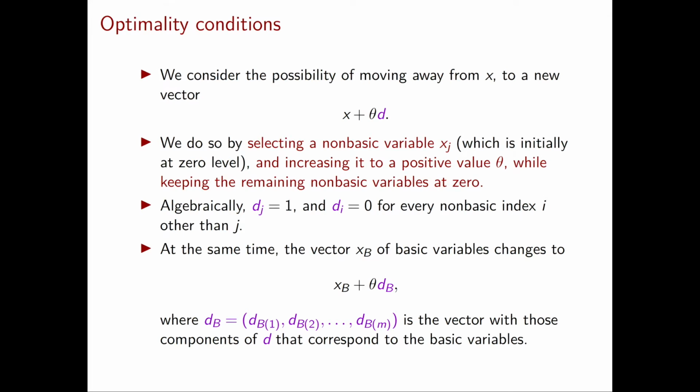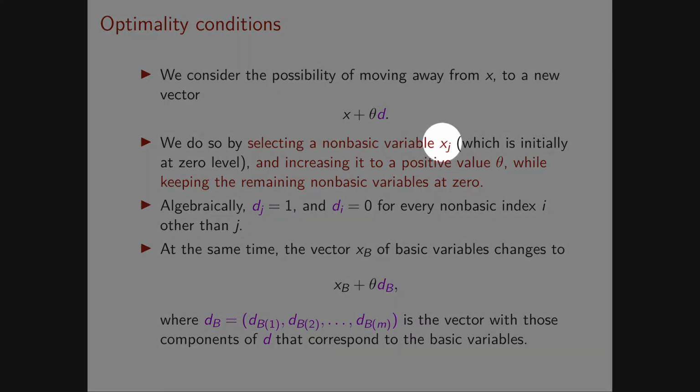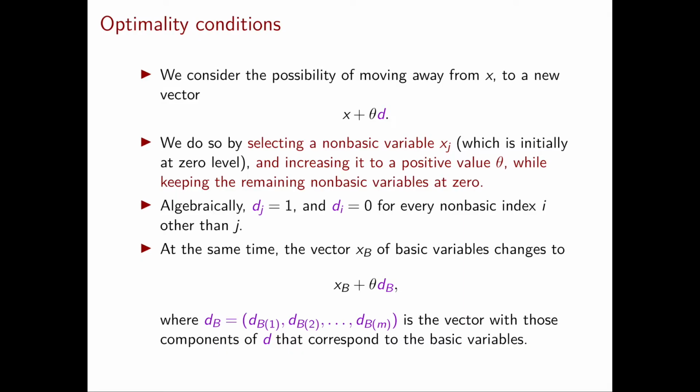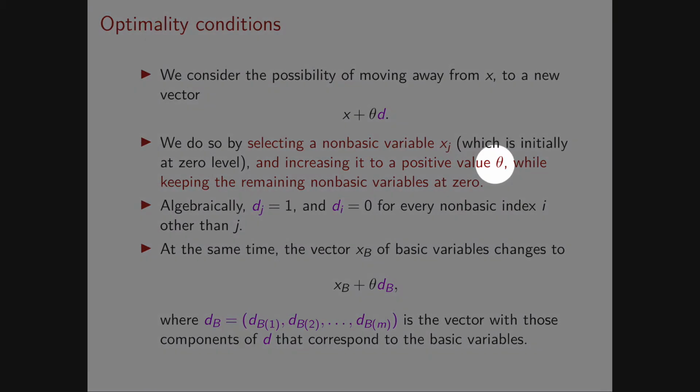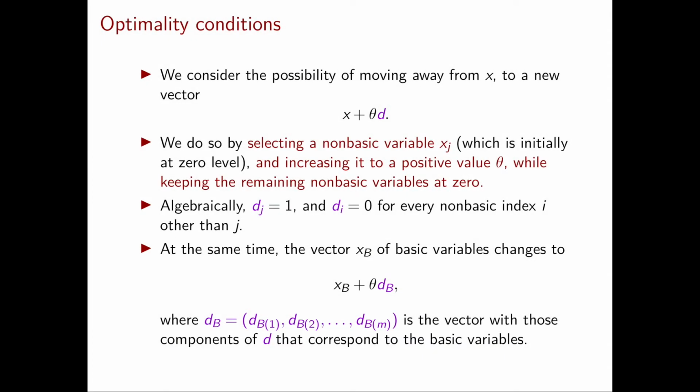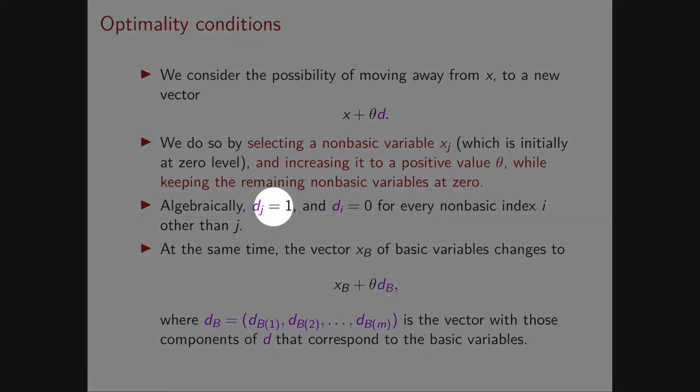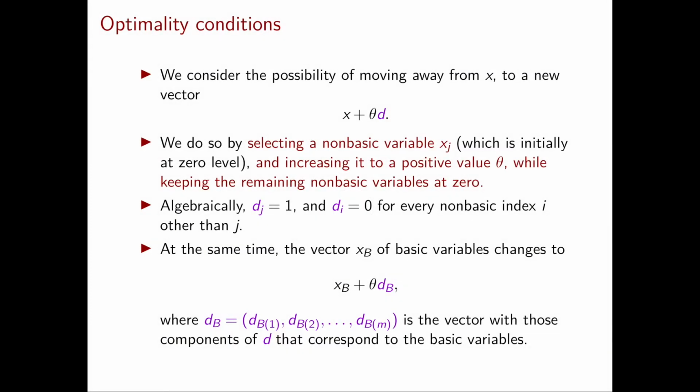We want to choose a specific direction d which increases a specific non-basic variable x_j from 0 to the positive value theta, while keeping all the remaining non-basic variables at 0. Algebraically, this means that we need to have d_j equal to 1 and d_i equal to 0 for every non-basic index i different from j.